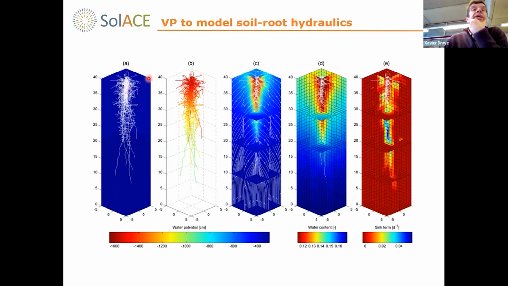We are able to take a simple root system and connect it to the soil in which it will grow. This soil will have a certain heterogeneity in terms of water content. And once the two are connected, the model computes the water potential inside the xylem at every position within the plant.